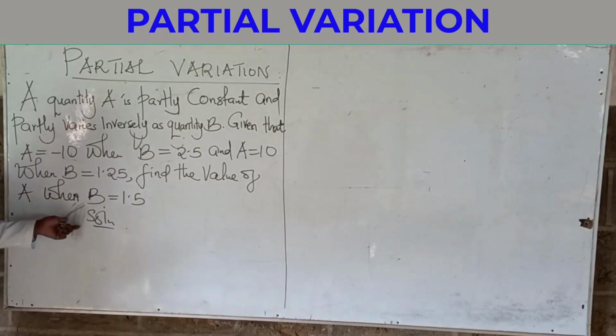The first thing we're going to do is to write that connection, quantity A, and you're going to use two constants.